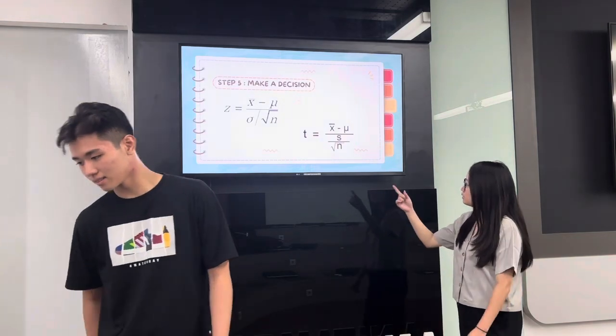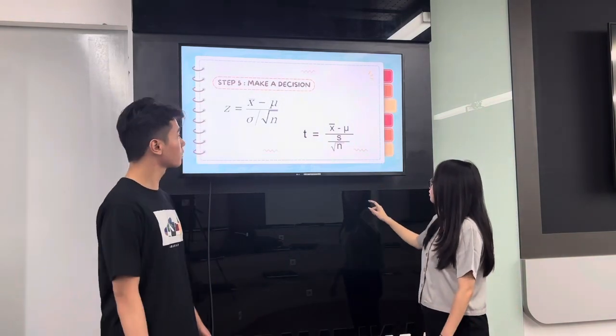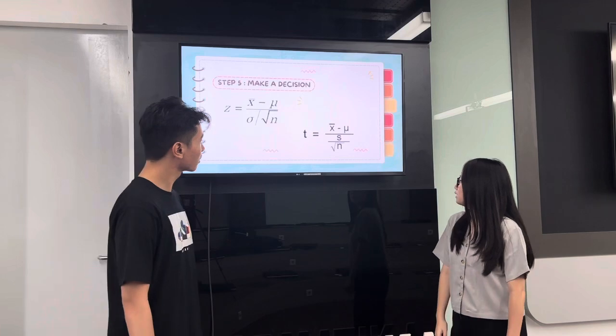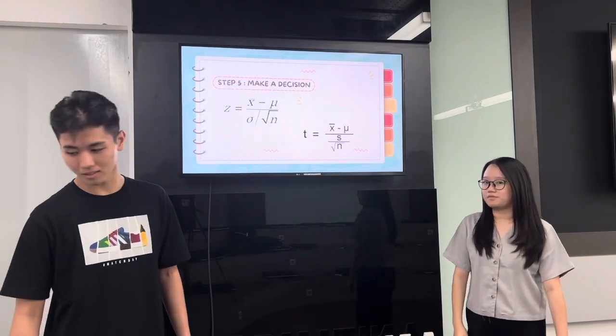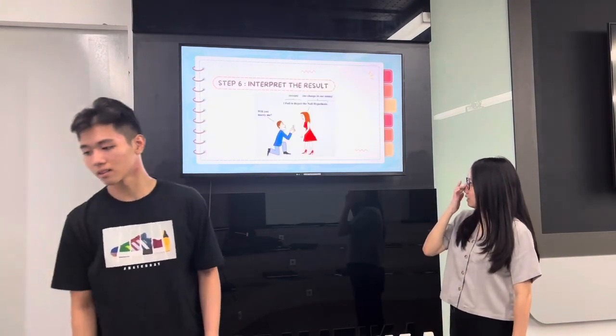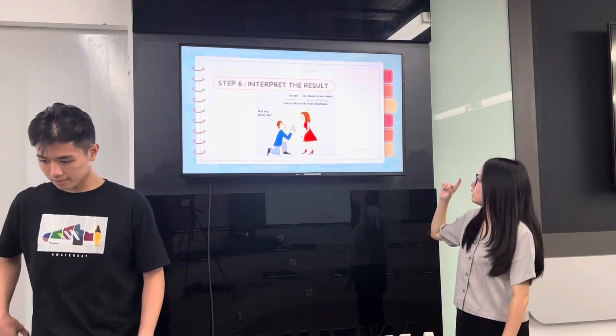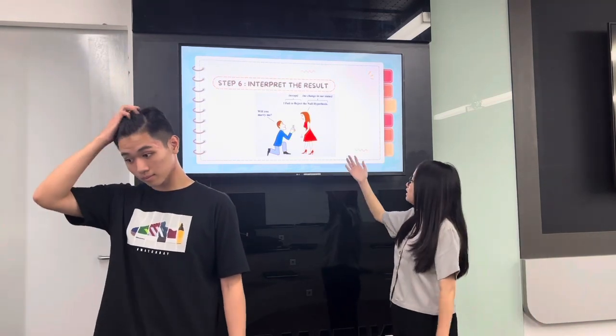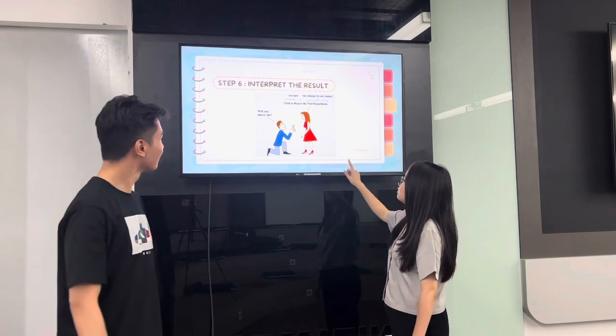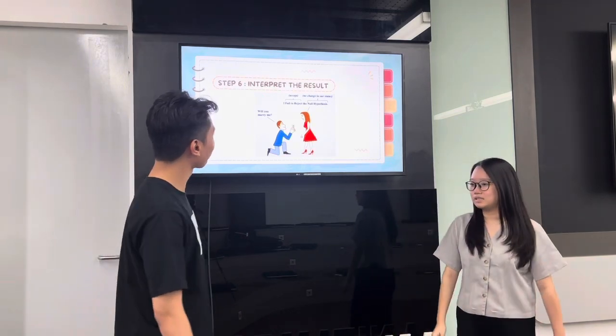If it is a t-test, t equals X bar minus mu divided by the sample standard deviation divided by the square root of n. And the last step is interpret the result. This is the example: fail to reject the null hypothesis.